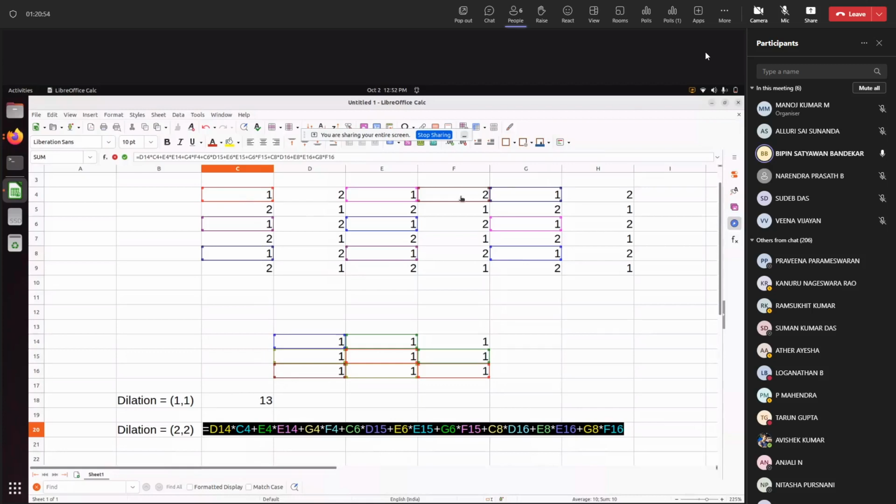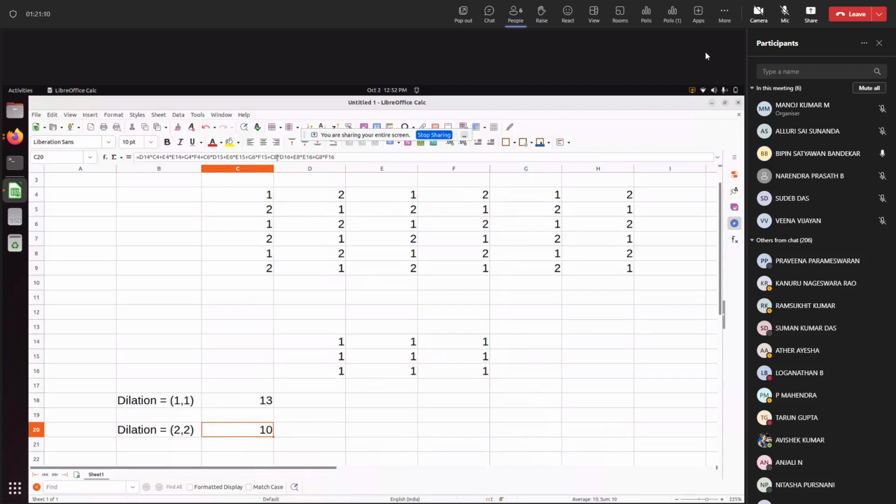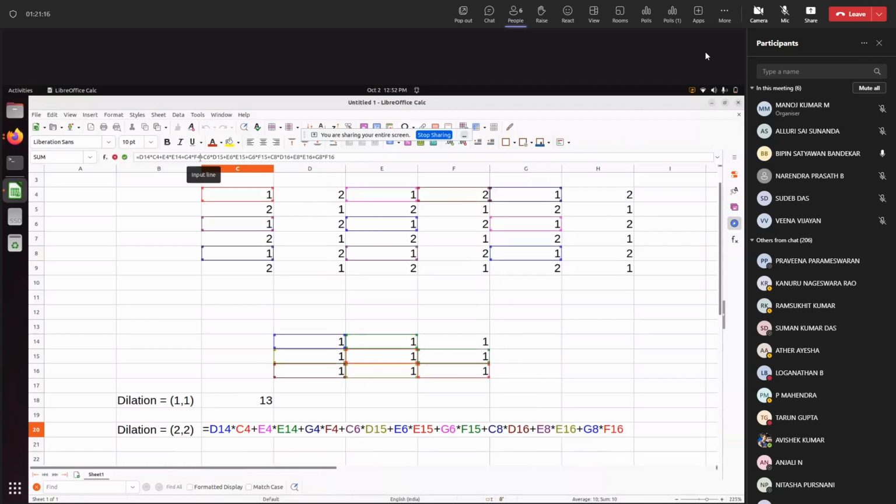Oh, I picked up this guy also somehow. What color is that? F2. F4. G4. Yes, G.